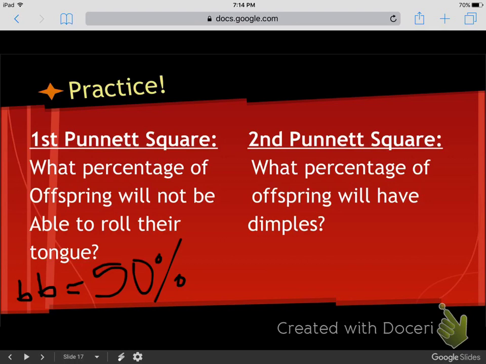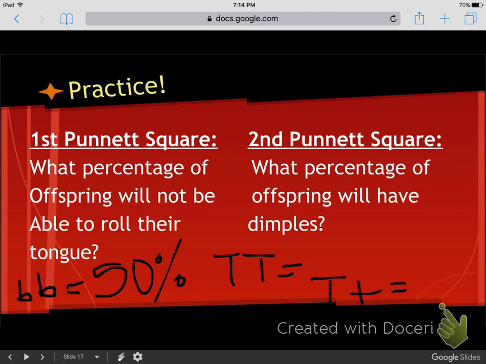The second Punnett square question says, what percentage of the offspring are going to have dimples? We represented dimples by big T. Anytime there's a big T there, you're going to get dimples. So that means if you had a big T, little t, you're going to get dimples. Even though that recessive trait's there, it's hidden because a dominant one is with it as well.